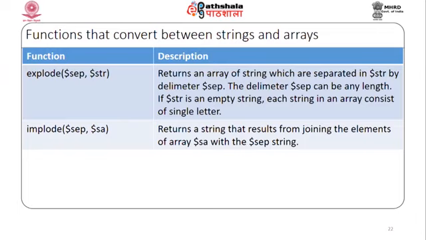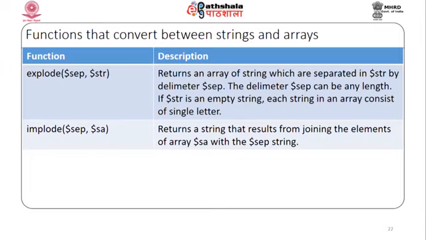Now, functions that convert between strings and arrays, these two are very important functions. The first one is the explode function. It takes 2 parameters, first one is separator and second one is string. What does the explode function actually do? It returns an array of strings which are separated in $str by the delimiter provided as $sep.